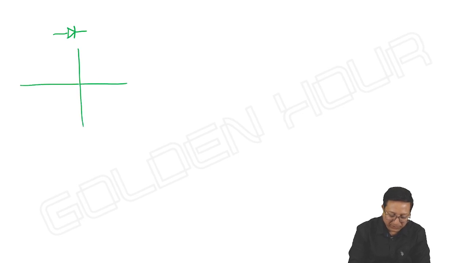Okay. Next, if you observe the diode characteristics, what we understood is if you take a diode, the original characteristics are something like this.